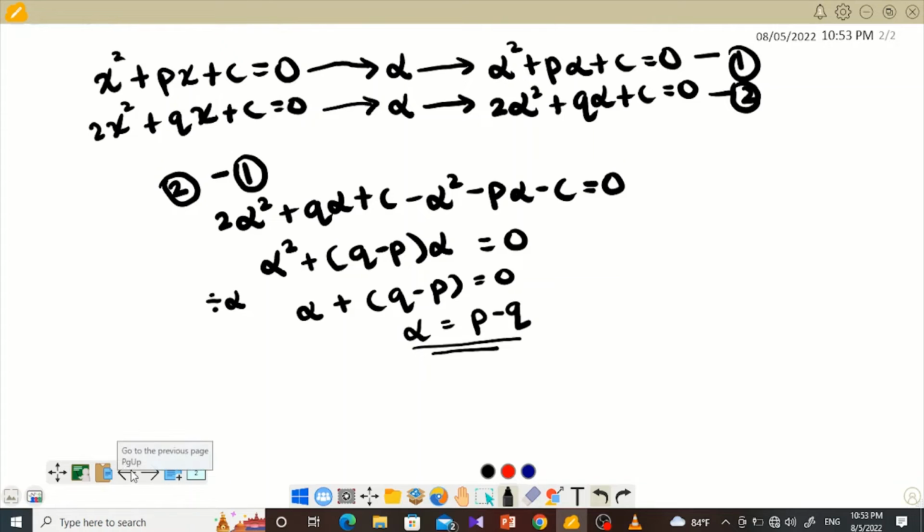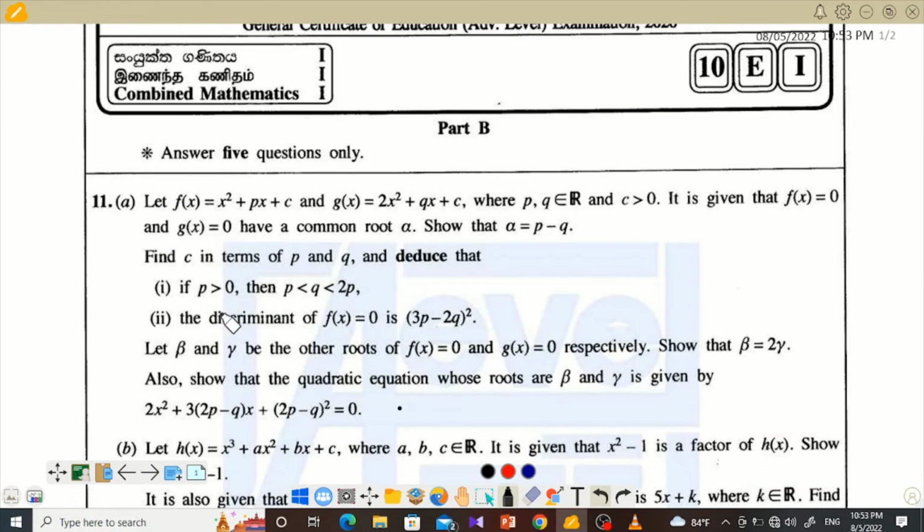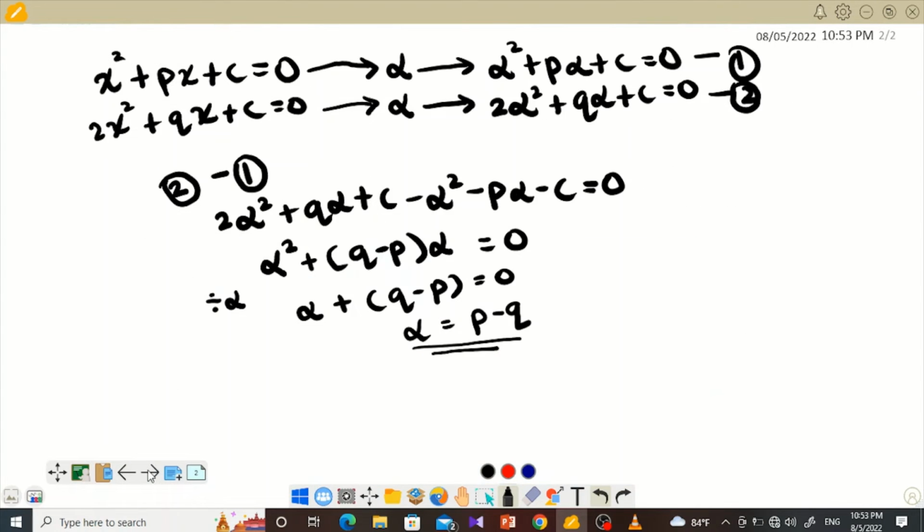Now I am going to solve the second part. After that they said find c in terms of p and q. Okay, now we have to find the value of c. To find the value of c, I use the two quadratic equations which are satisfied by alpha.